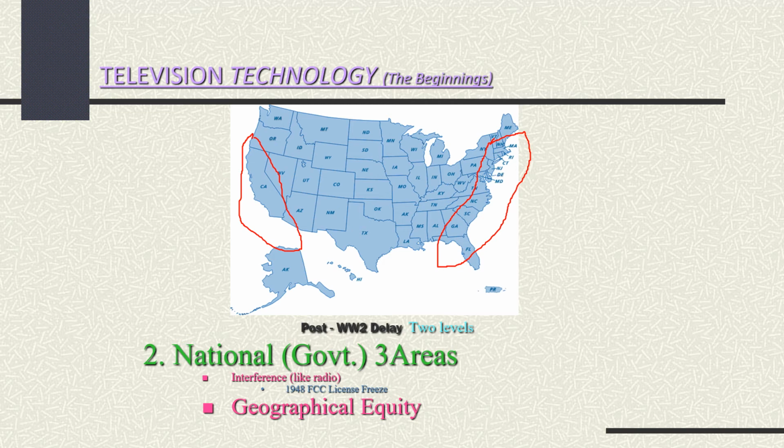What the FCC wanted to do was not just make television available to the East Coast and the West Coast, but also to Eau Claire, Wisconsin, Casper, Wyoming, Zanesville, Ohio. What the FCC wanted is that television should be available all across the country, not just in large populated areas.